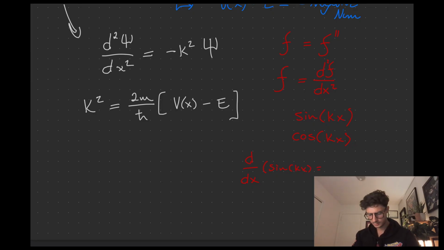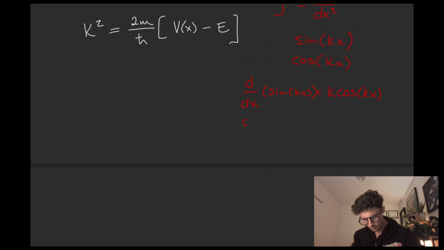How I remember this is the derivative of sine is cosine. So this is going to be a cosine kx. And since you have a function within a function, right, kx is its own thing inside sine, we have to use the chain rule, and we basically take the derivative of what's inside. So the derivative of kx with respect to x is literally just k. So this thing spits out a k over here.